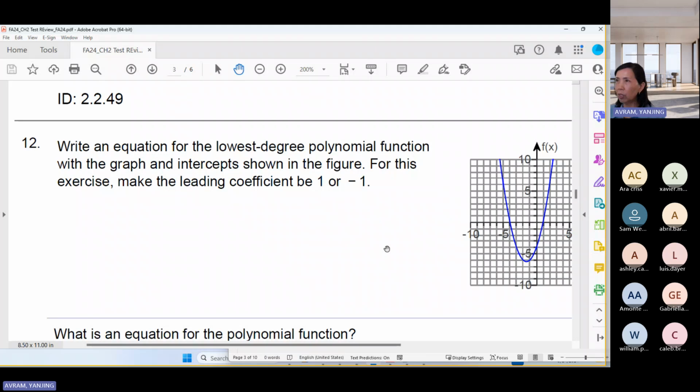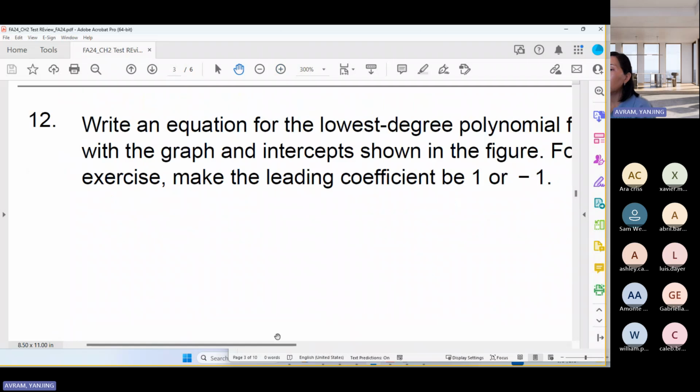You can see the lowest degree in here, this has two x-intercepts, so I might just write it down as a quadratic equation. Actually, you cannot really find a vertex in here. You know why? This one is telling you using the what?